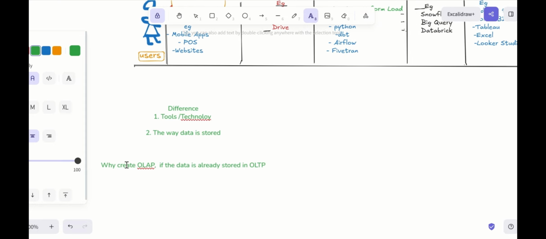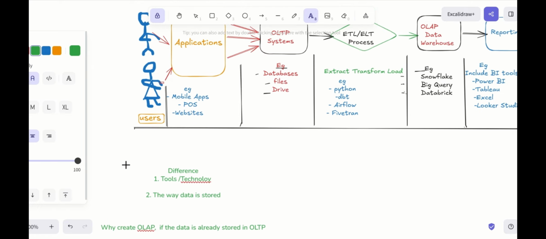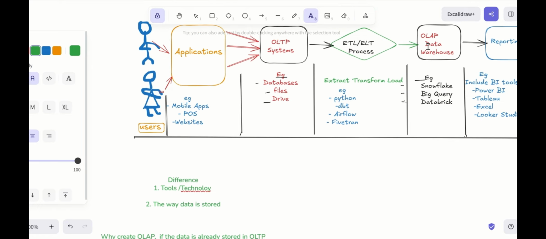Why should we create this OLAP instead of just pulling the data from the OLTP system into Power BI or Tableau or Excel to do our reporting?